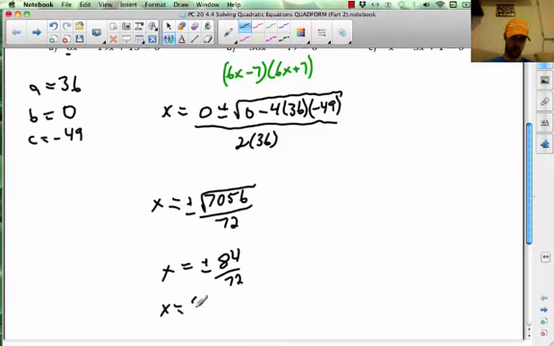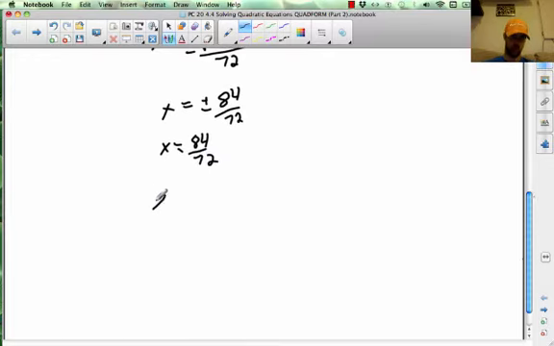So one path, x equals 84 over 72, and therefore x equals, so reduce this to lowest terms. If you can't see the greatest common factor right away, just divide them by 2 as many times as you can, and then start dividing them by higher primes. So if we divided it by 2, we would get 42 over 36.